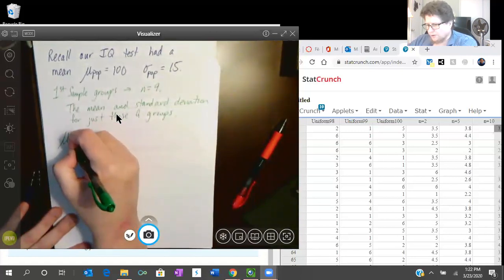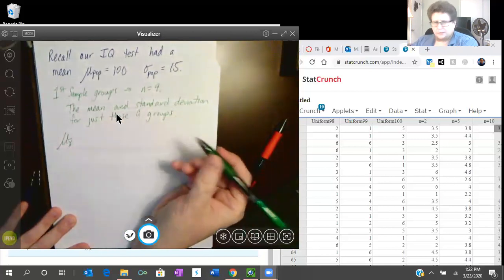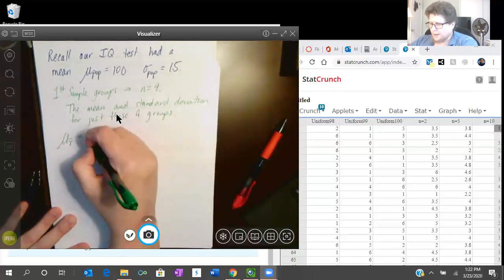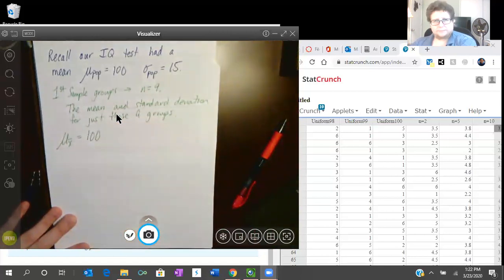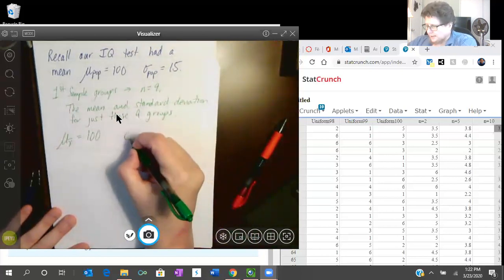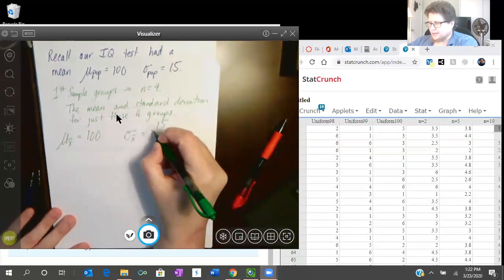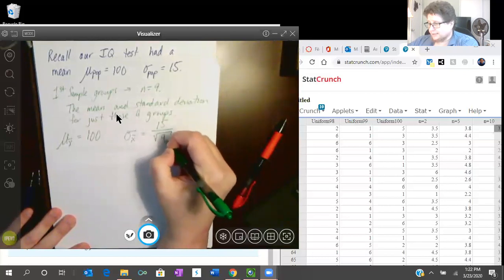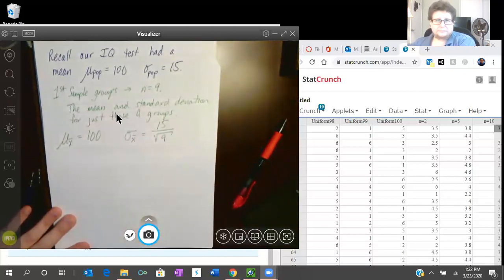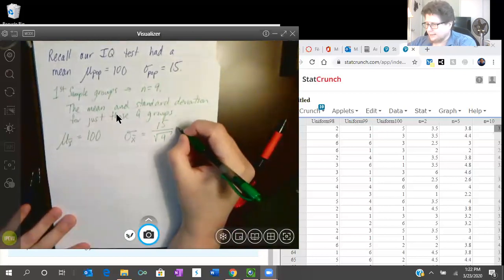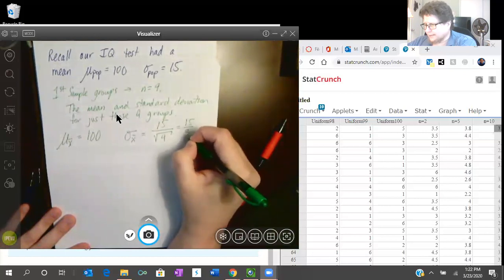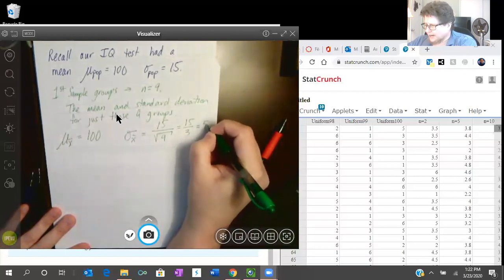The mean for our sample is the same as the mean of the population. And the standard deviation for these 9 groups is going to be the standard deviation divided by the square root of n. Now the square root of 9 is 3. This is 15 divided by 3, and it goes down to 5.